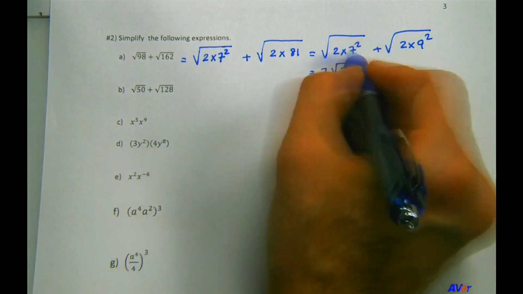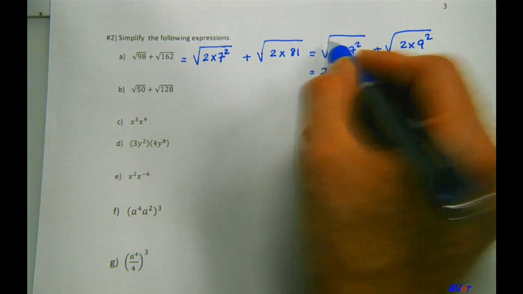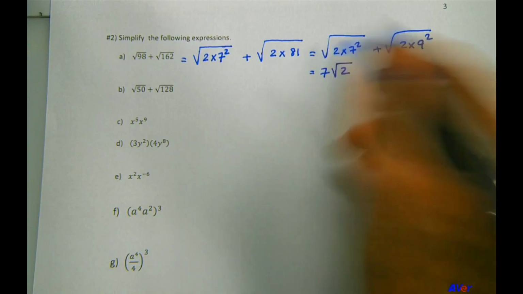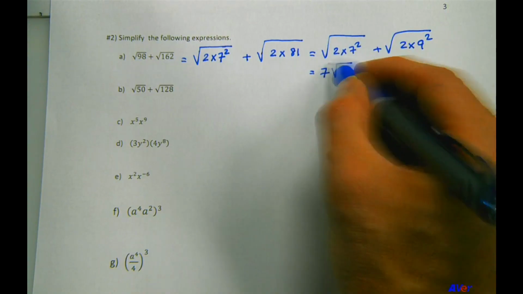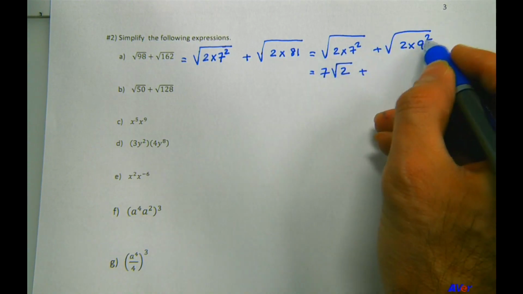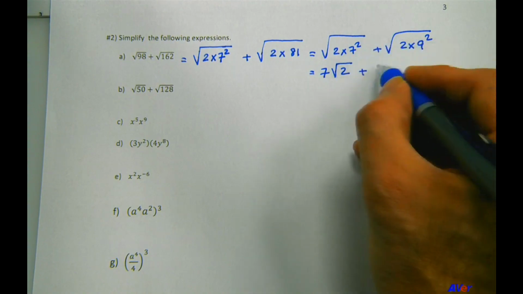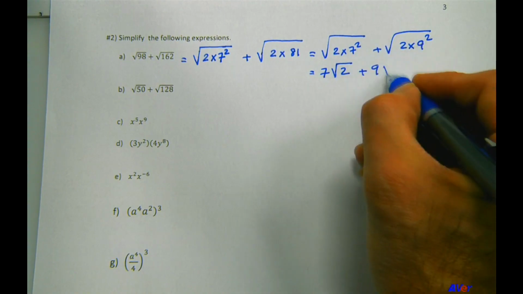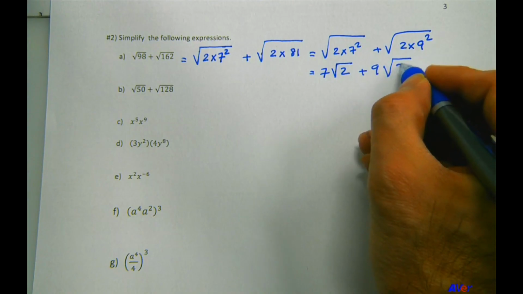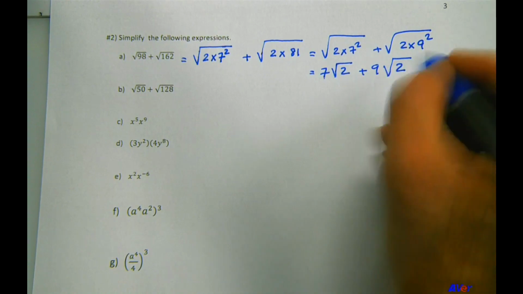The 7 left and lost the power because it's equal to the index. So it's 2 divided by 2 is 1. And that's the power for 7, which we don't write. Plus, the same thing happens to 9 squared, right? Square root of 2 times 9 squared, 9 can leave. In the process, loses the power, times square root of 2. So now we have 7 square root of 2 plus 9 square root of 2.